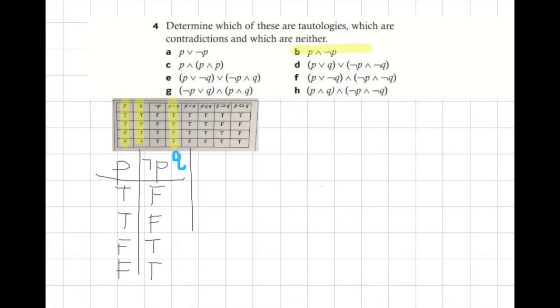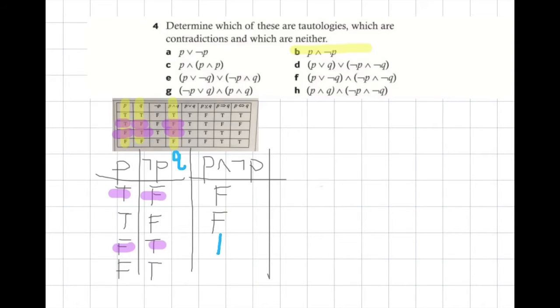Okay, so we make our table P and not P. Okay, our first one is true, false. So we have true, false is false. Again, true, false is false. And then we have false, true. That's here. False, true is false.